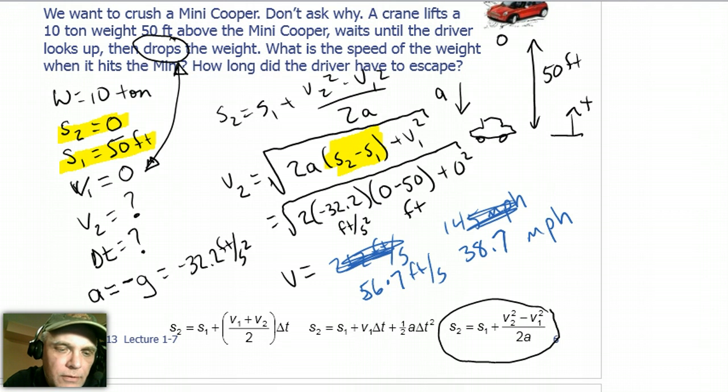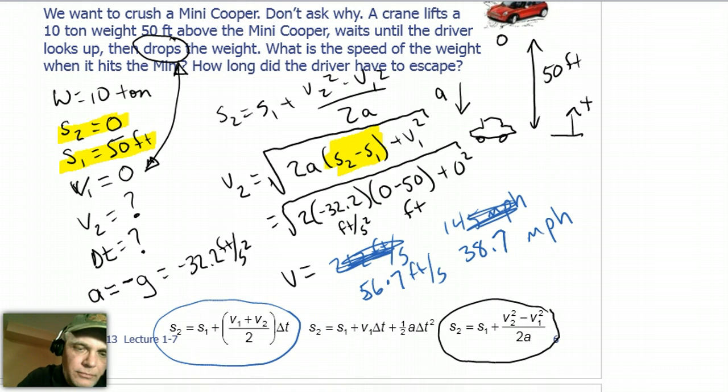This one right here looks like a real easy equation. I know now V1 and V2, and I know the distance it traveled, so I can calculate the delta time easily. I could use this one as well, and that would give me the same answer.